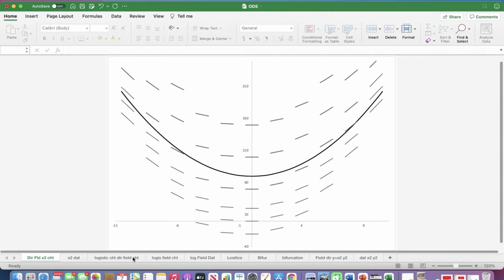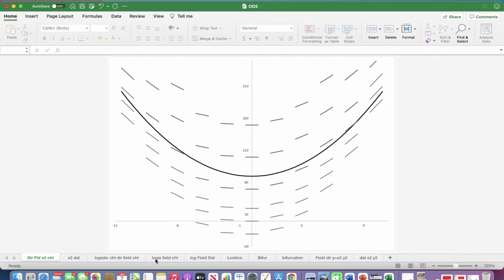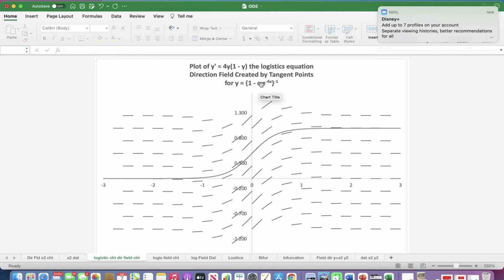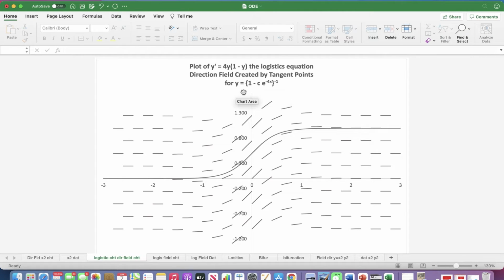Now, the function that we had been talking about, the logistic function, this is a directional field that I plotted from the function itself. What I did was I solved for the function, and then I took the derivative of the explicit solution and created a field of slopes from this, y equals 1 minus c e to the minus 4x, all raised to the negative 1, for given x's along the x-axis.